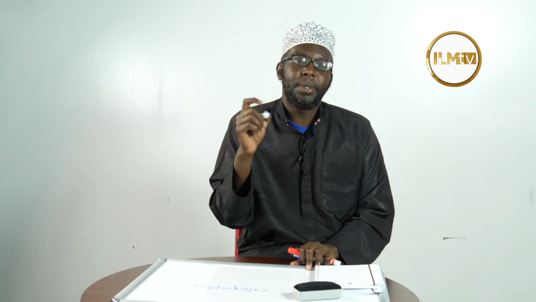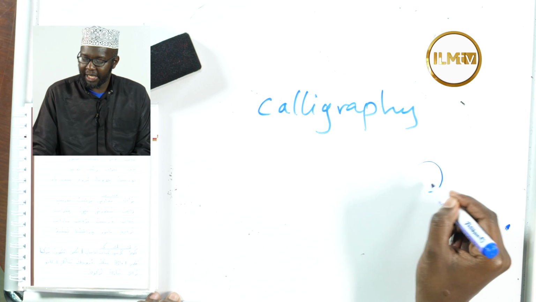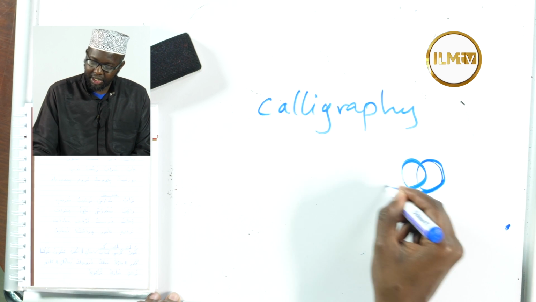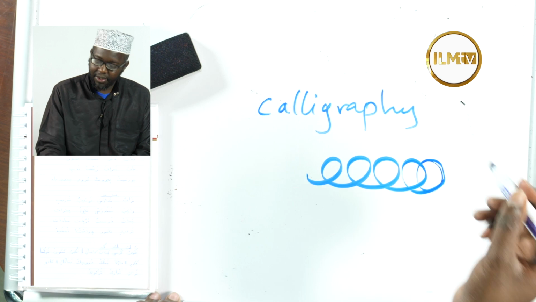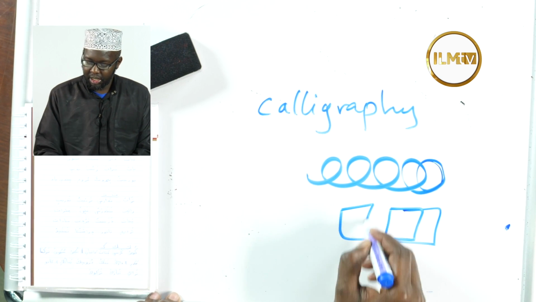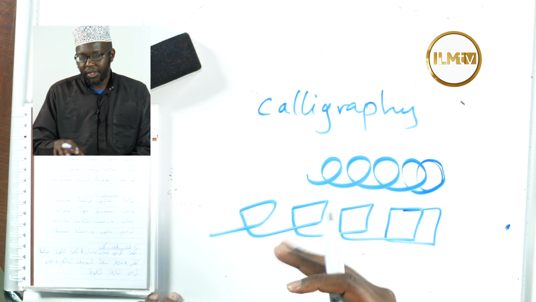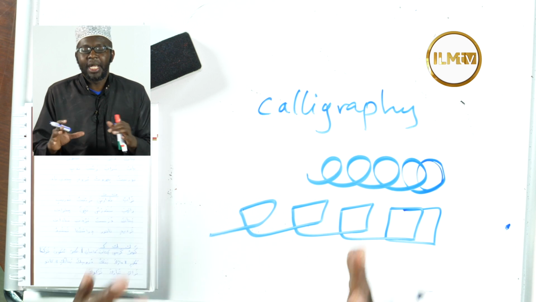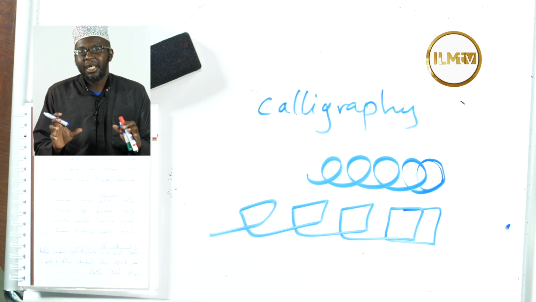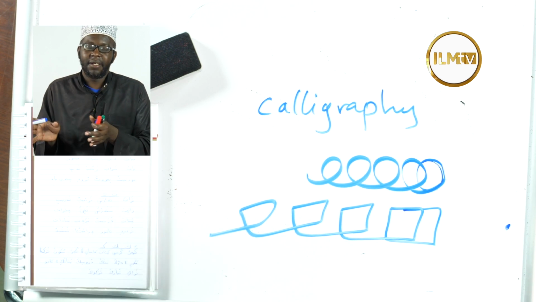There's a form which is curved, another which is more like circles, and another which is more like boxes. There are different forms of calligraphy, but basically, if you can read one, you should be able to transfer that to another.